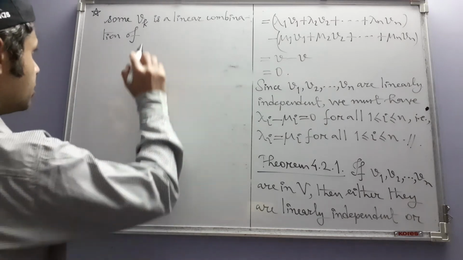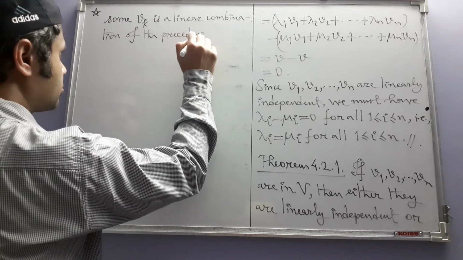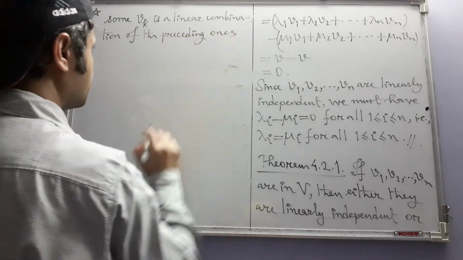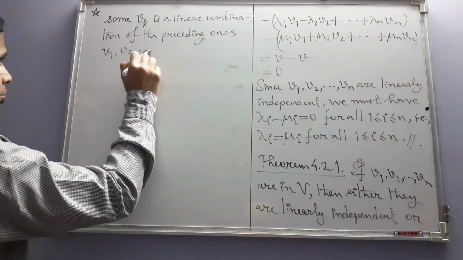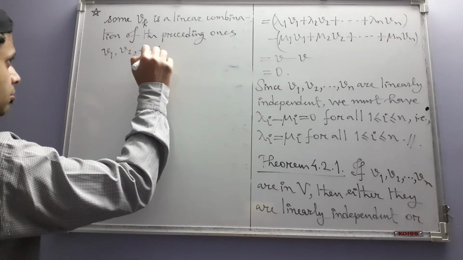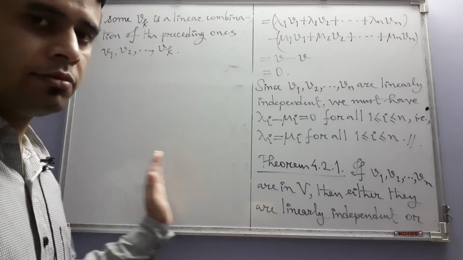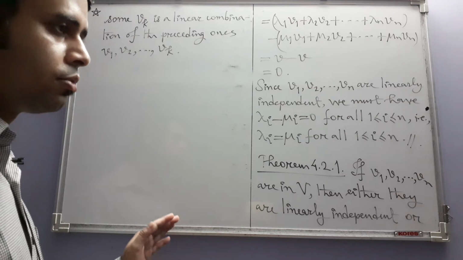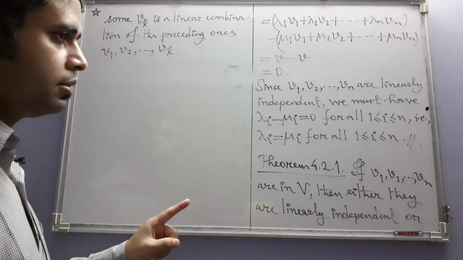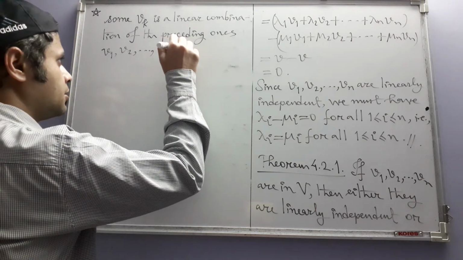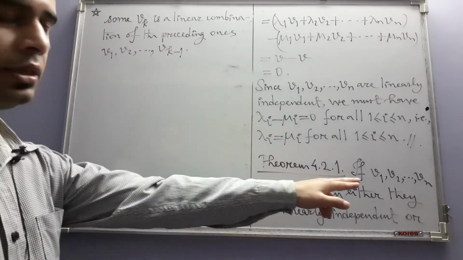Linear combination of the preceding ones, the ones before vk. So either the given vectors are linearly independent, or of course they are dependent, and in that case some vk will be a linear combination of the vectors that come before vk in this list.